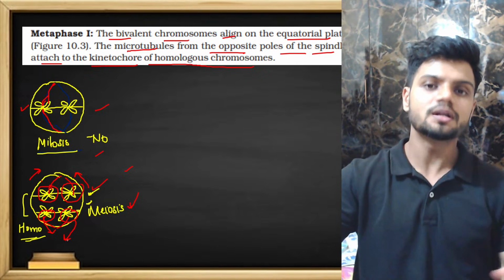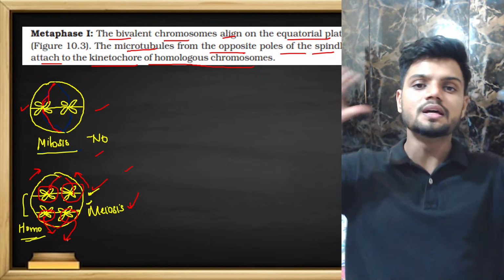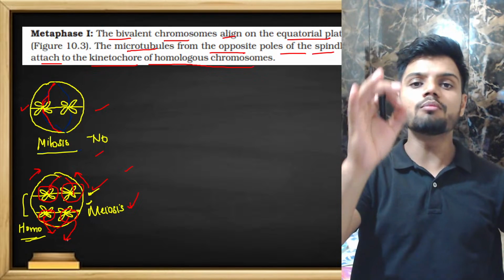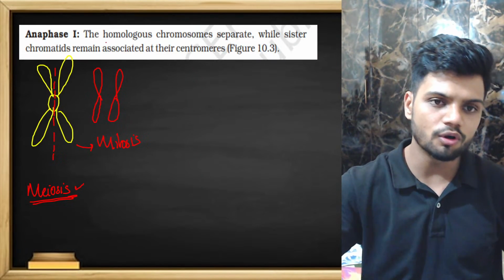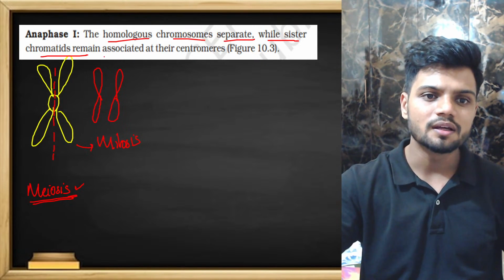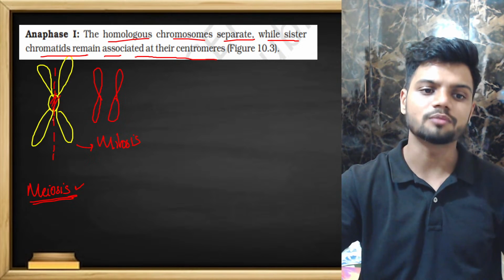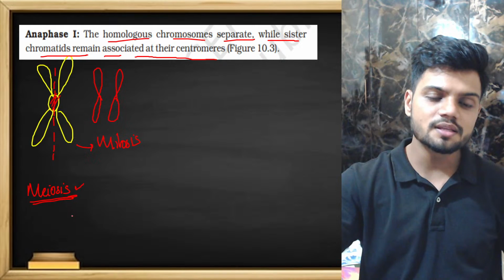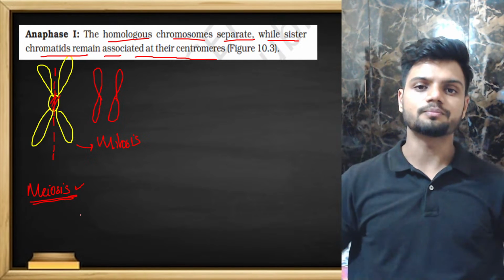Not a chromatid. The entire chromosomes are being pulled apart. That is, separation of homologous chromosomes is happening in anaphase. The homologous chromosomes separate while sister chromatids remain associated with the centromere. The sister chromatids will remain as such. There is separation of homologous chromosomes.